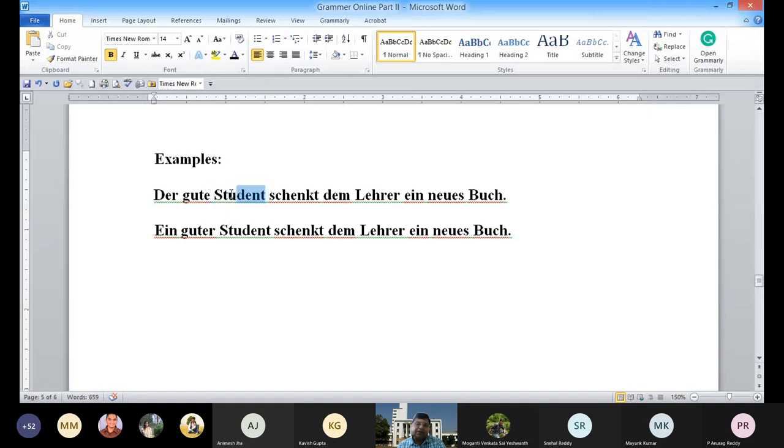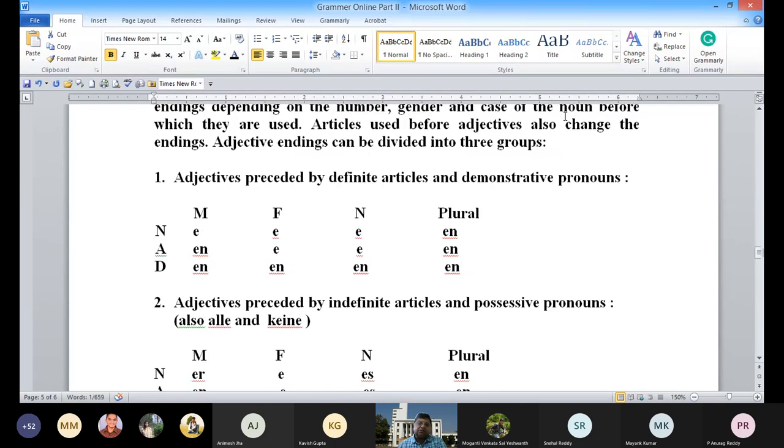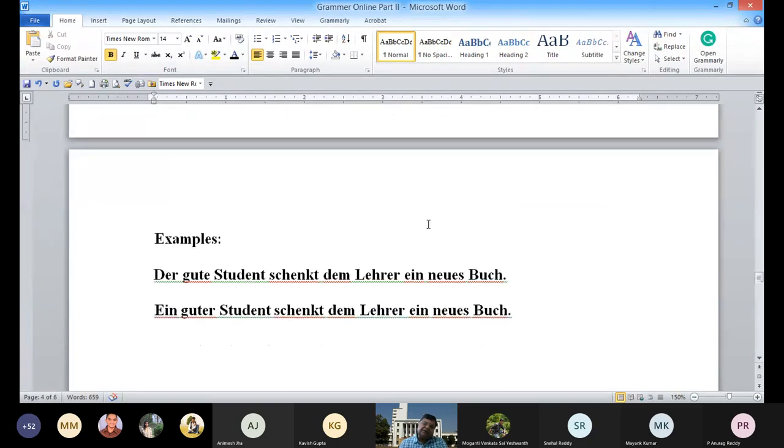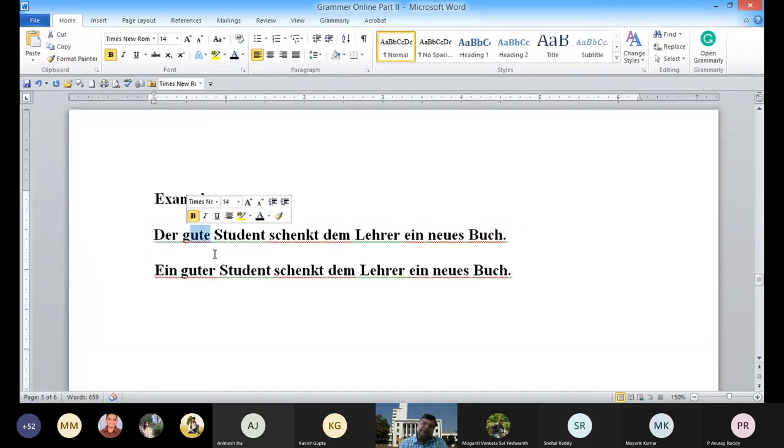Fourth, whether this noun is being used as a nominative subject, an accusative object, or a dative object. If you consider all these four, which are mentioned here in these tables, you just pick up the particular adjective ending and fix it. That will be the correct thing.